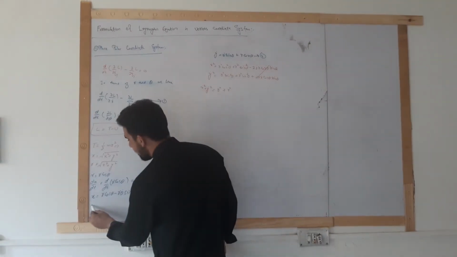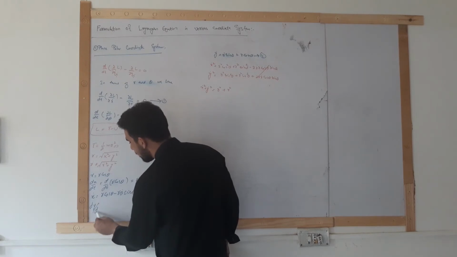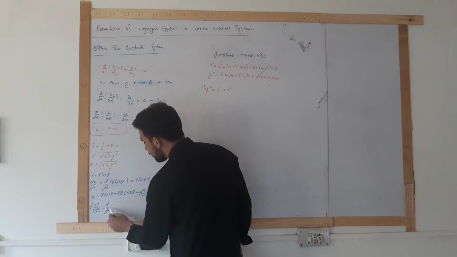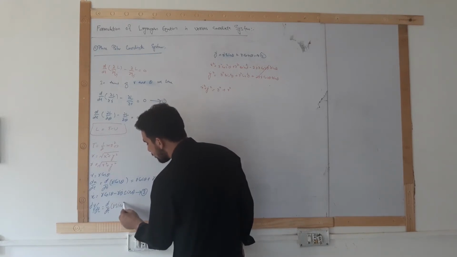Similarly, we can find dy by dt, which is equal to d by dt of r sine theta.